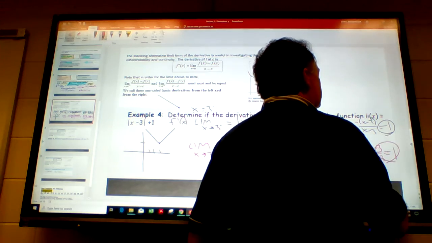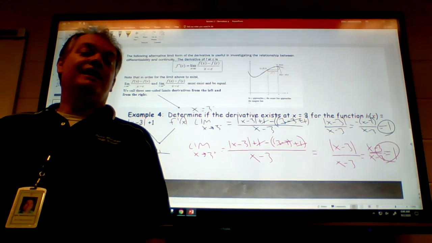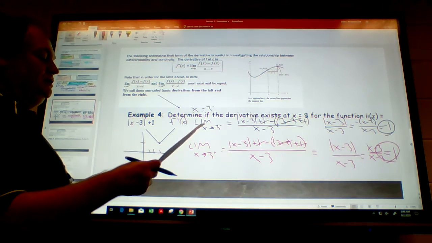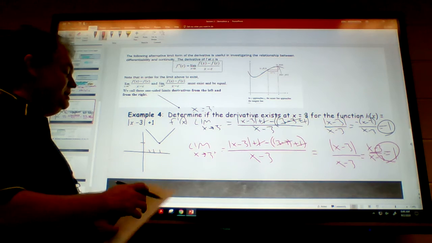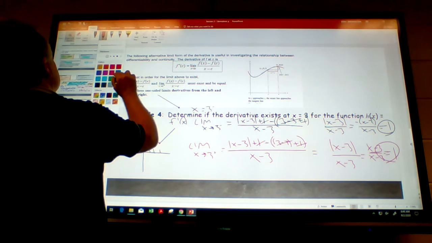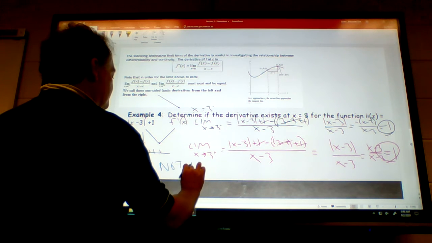All right. Now, what do we do when we have coming from the left and coming from the right? The limit does not exist. Basically, it is not differentiable because such a limit does not exist.